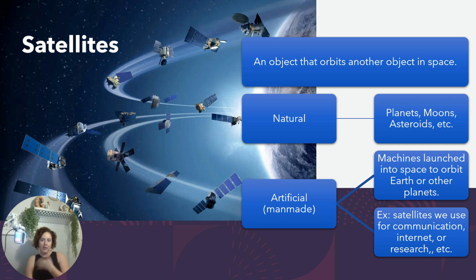We as a planet are technically a satellite of the sun. Okay? Our moon is a natural satellite of the Earth because it is not on our orbit. It is actually orbiting around us. Okay, so we can consider natural satellites things such as planets, moons, asteroids.